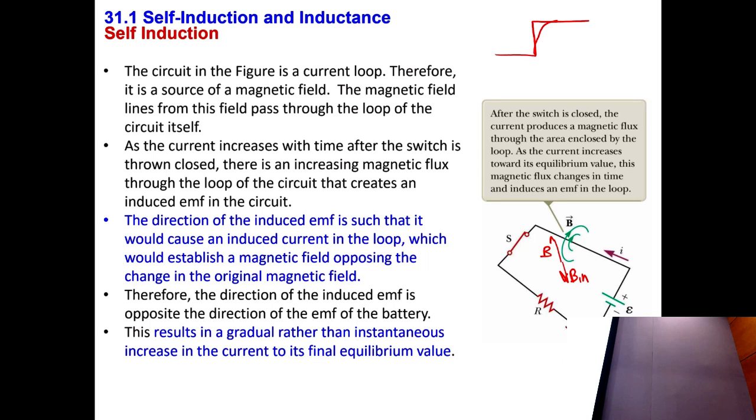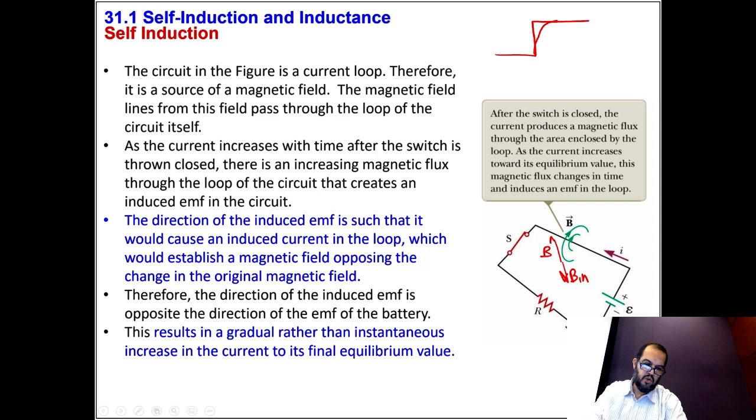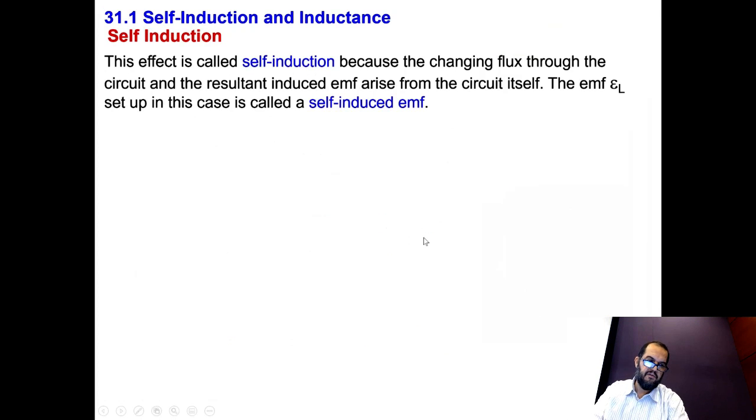The induced magnetic field here, the changing flux, produces an opposite effect, which is called back EMF. It will oppose the change and it will slow down the increase in the current. Okay, so this is what we usually refer to as self-induction.